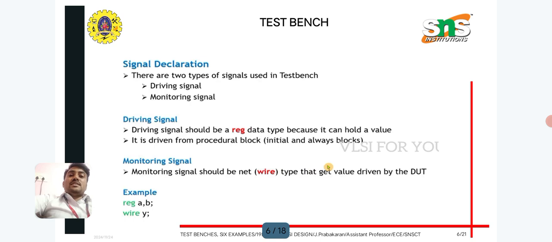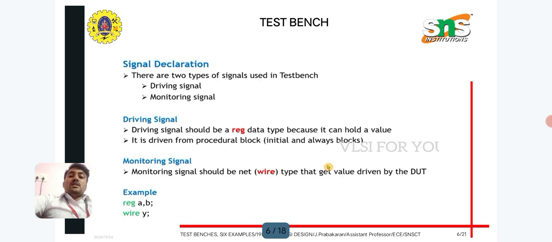Next step is signal declaration. There are two types of signals used in a test bench, that is driving signal and monitoring signal. A driving signal should be a reg data type because it can hold a value. It is driven from the procedural blocks, that is initial and always blocks.